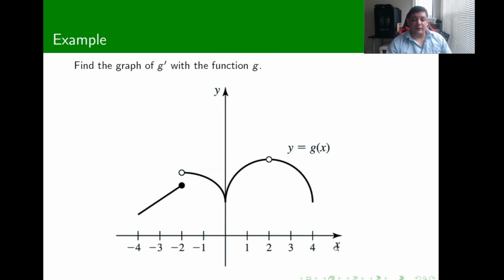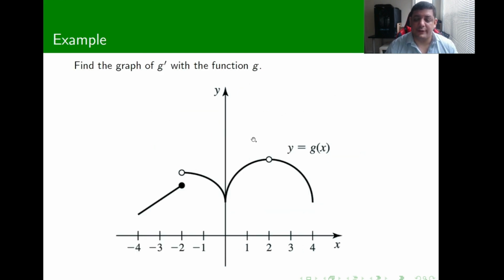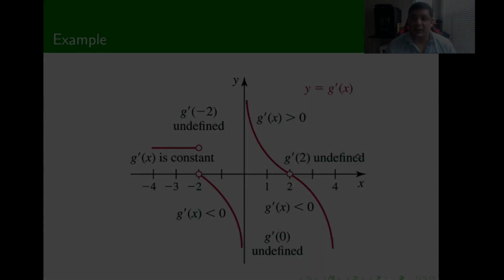And then it goes down to almost infinity. So this is almost a vertical slope. Vertical slope means infinity. So that's the example of how to obtain information about the graph of the derivative from the function g. And that's the end of this section.